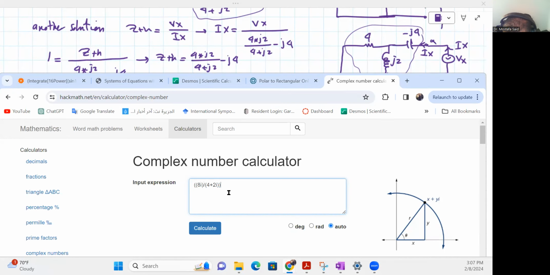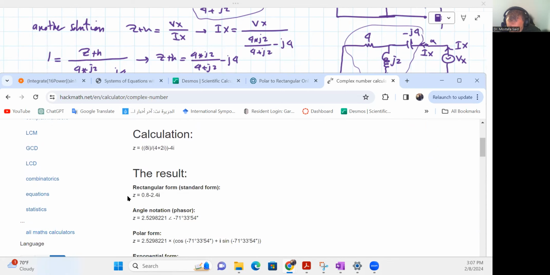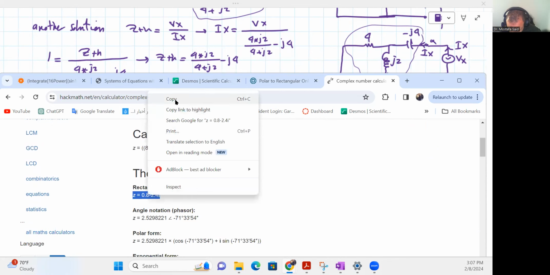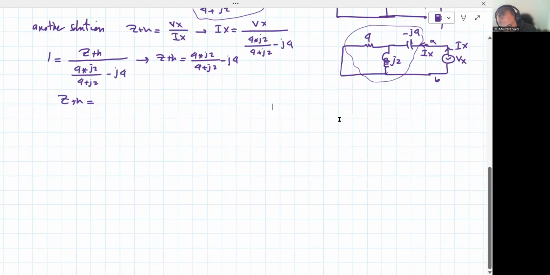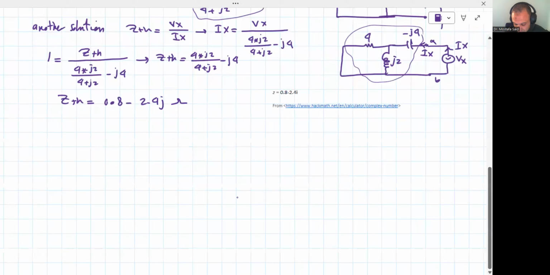And then subtract j4. That's very easy. So Z Thevenin is that here, which is 0.8 ohms minus 2.4j ohms.